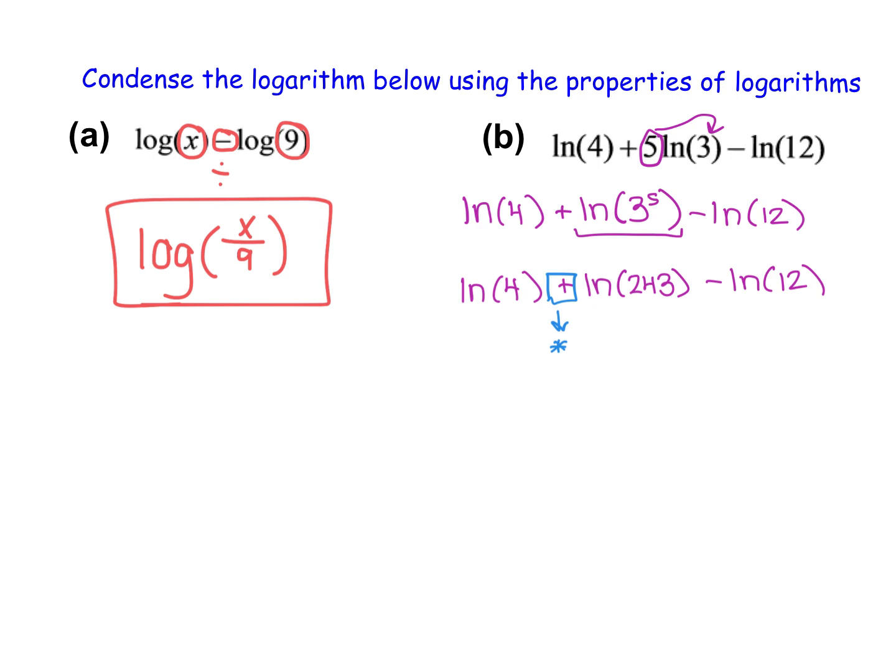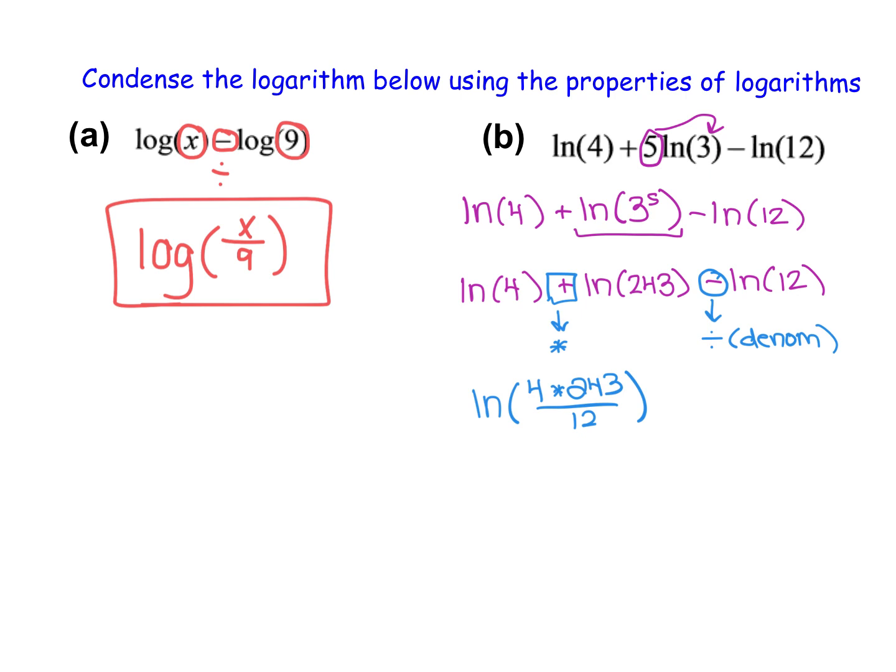And then I also know that anytime I see a subtraction, that's indicating that I have the quotient property or division, which means that this value of 12 is going to go into the denominator when I create a single log and have one fraction inside of that single log. So here I'm going to rewrite this as natural log of 4 times 243 over 12.